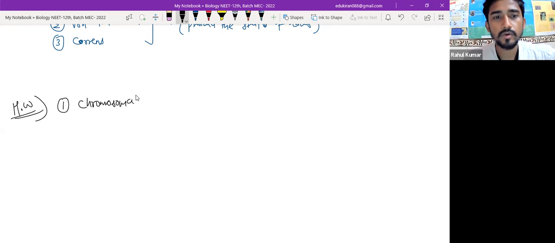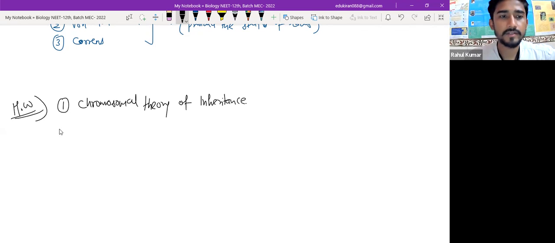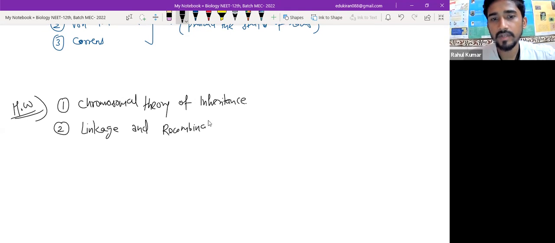You have to read what the chromosomal theory of inheritance is, we'll do this, and then we'll come to linkage and recombination. Linkage and recombination is an exception to the 3rd law of Mendel.